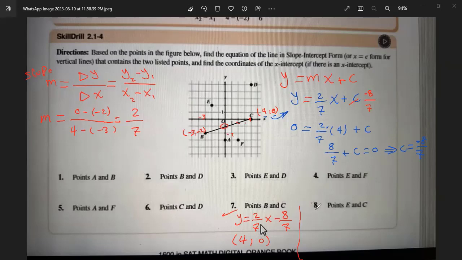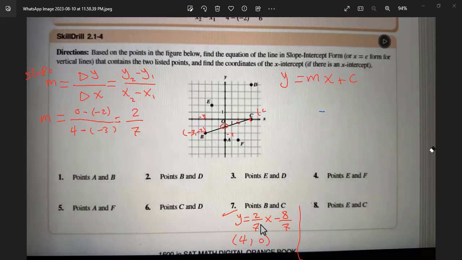Number 8, now we move to 8. For 8 we use E and C. Still have C as well. E is negative 2, positive 2.